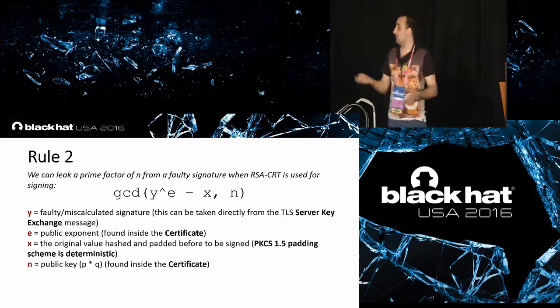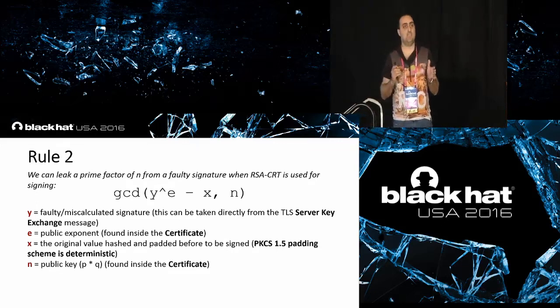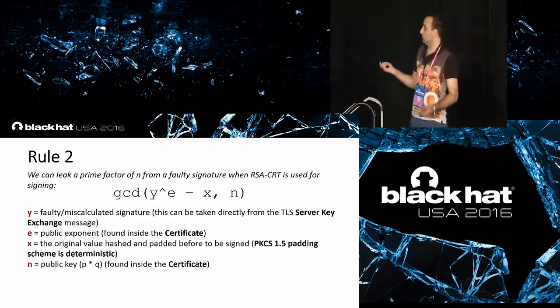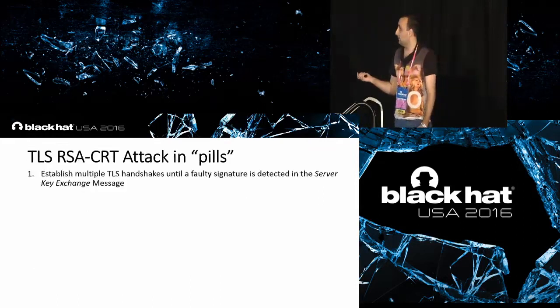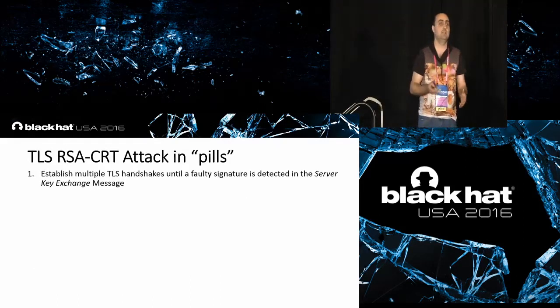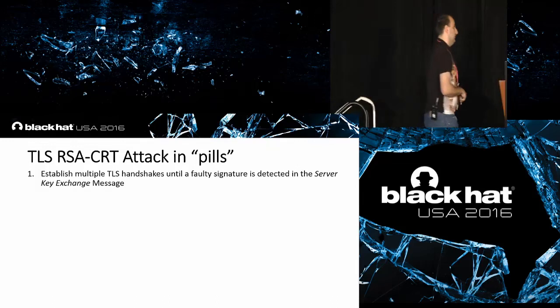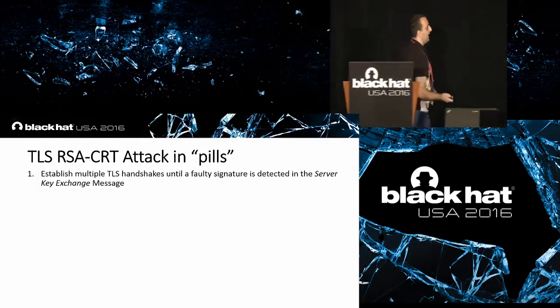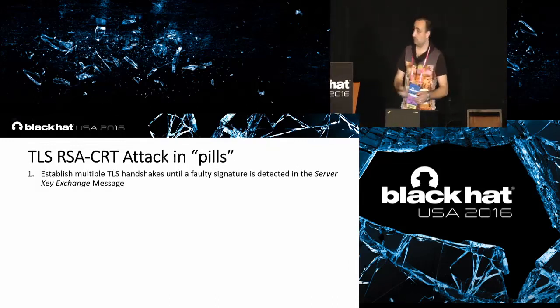So the attack exploited by the tool, High Voltage, that I've created should now be very clear, because basically the tool established multiple TLS handshakes trying to detect a faulty signature.